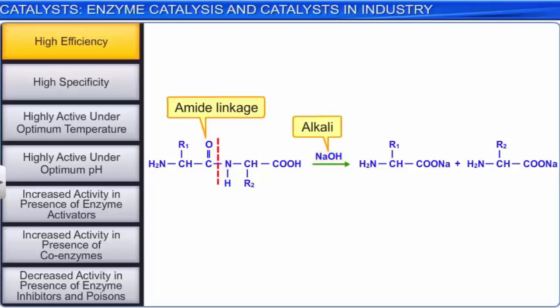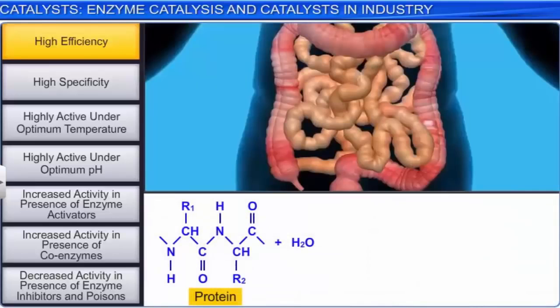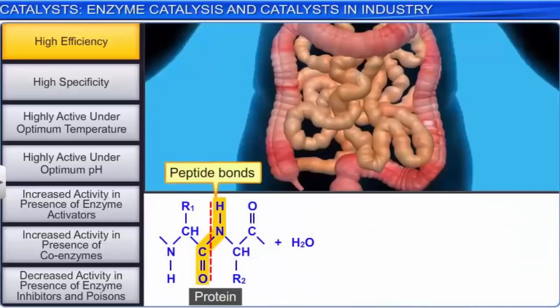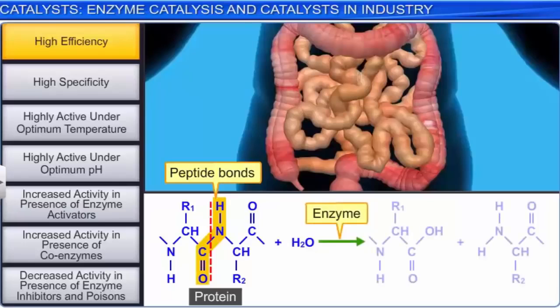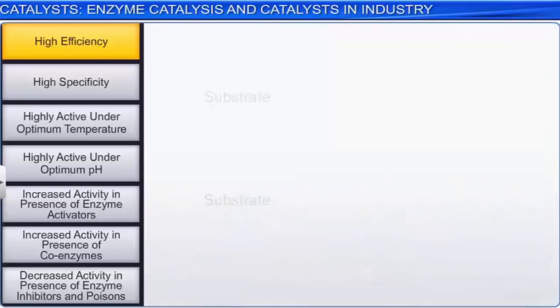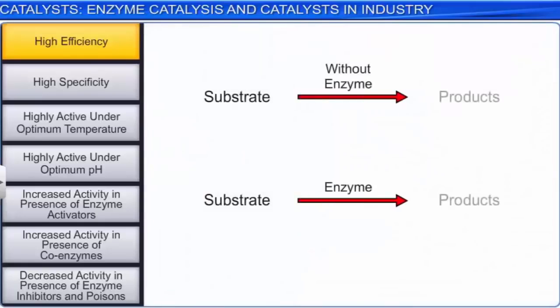These proteins are easily hydrolyzed by different enzymes to individual amino acids in the stomach and the small intestine. Enzymes accelerate such reactions by over 1,000,000-fold. So, the reactions that would take years in the absence of catalysts can occur in a fraction of a second if catalyzed by the appropriate enzyme.